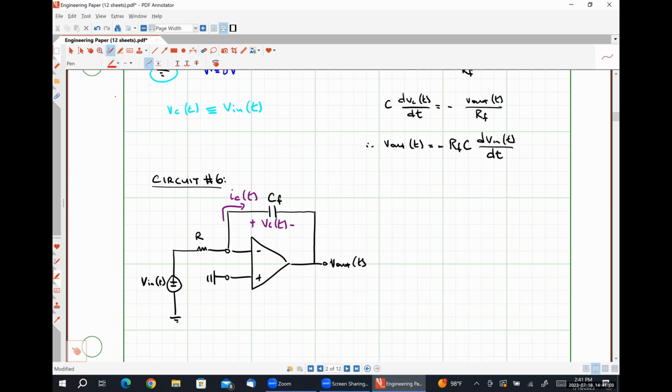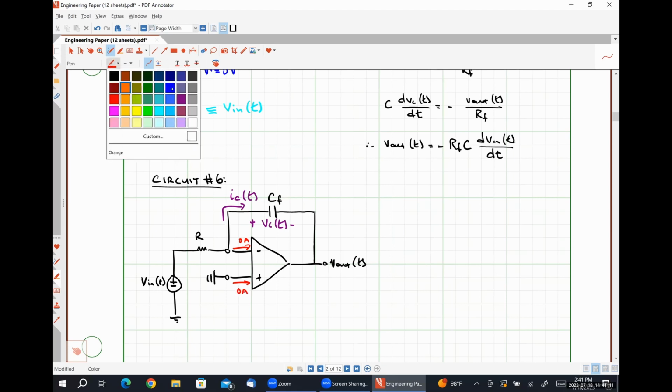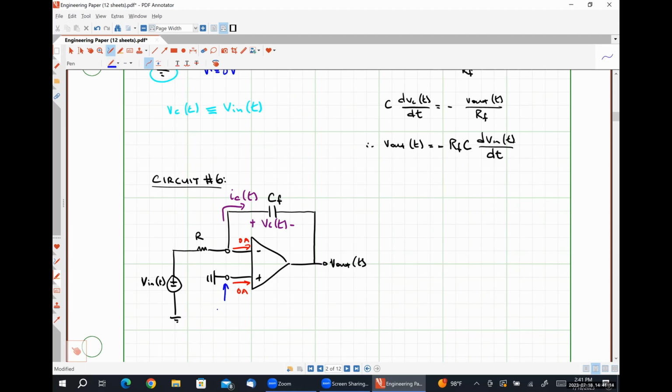So for our analysis, currents flowing into the input terminals must be 0 amps. By inspection, the voltage present at the non-inverting input terminal is 0 volts. So the voltage present at the inverting input terminal must also be 0 volts. And current flowing into the inverting input terminal must be the same as the current flowing out of the inverting input terminal.